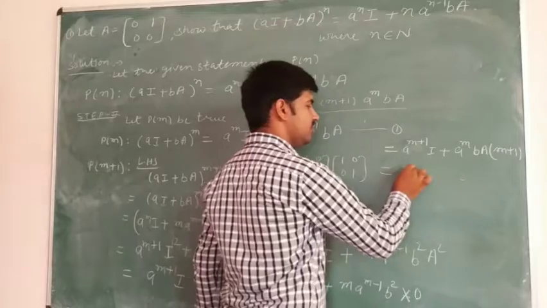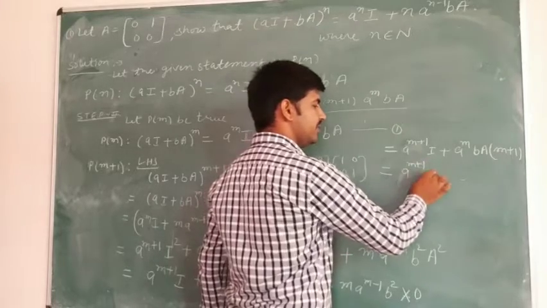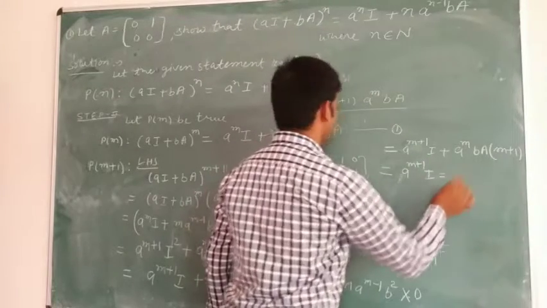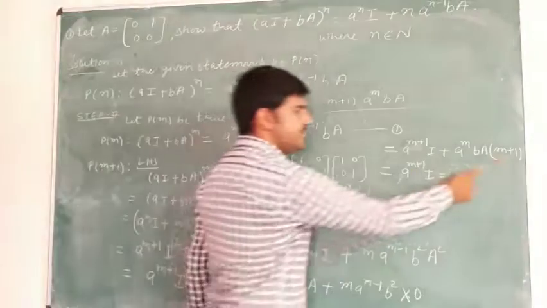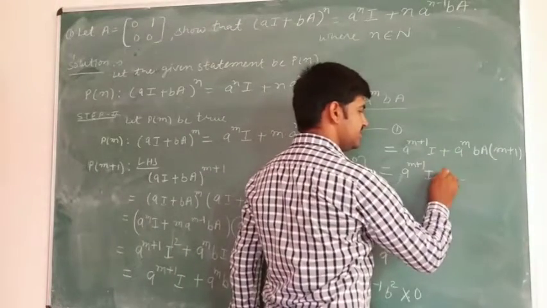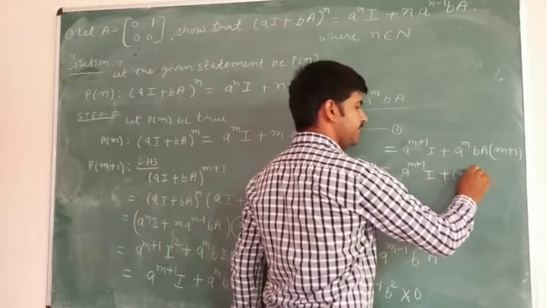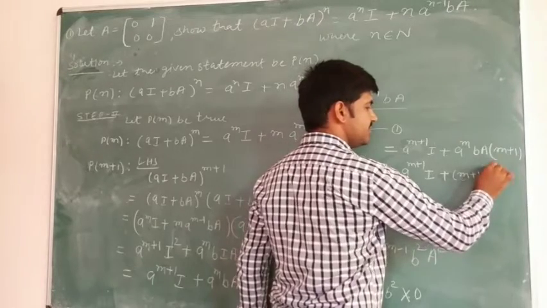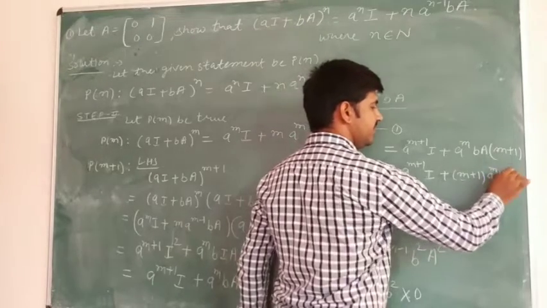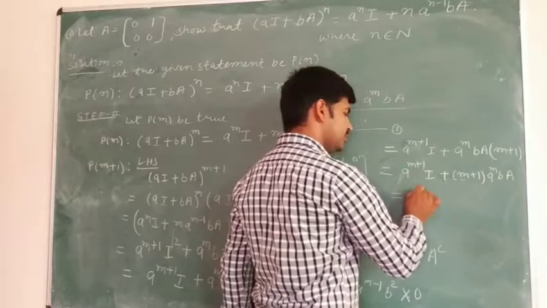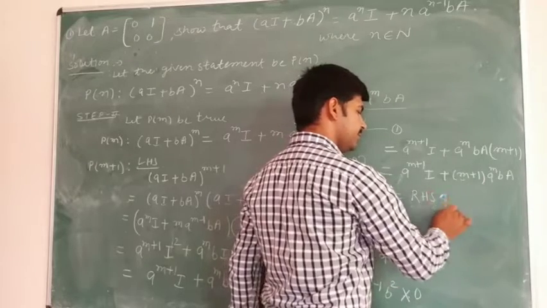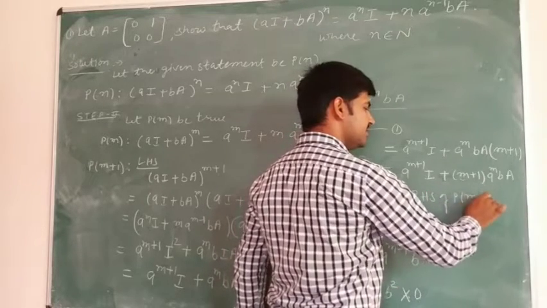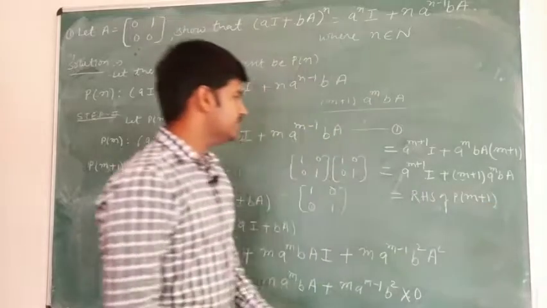So that is equal to A raised to the power m plus 1 times I plus m plus 1 times A raised to the power m times B times A, and this is actually, students, the RHS of P(m+1).